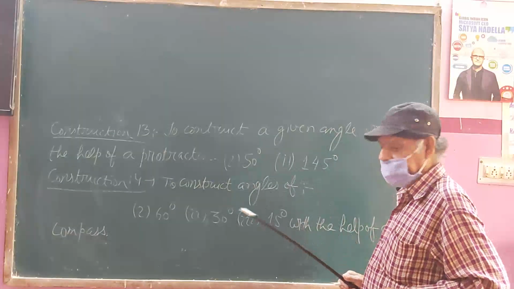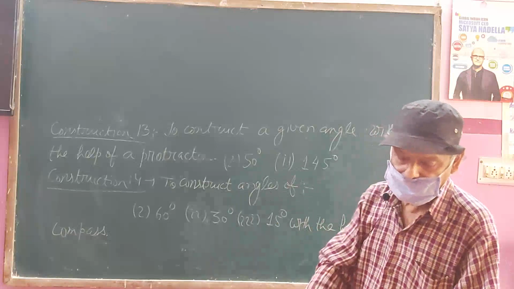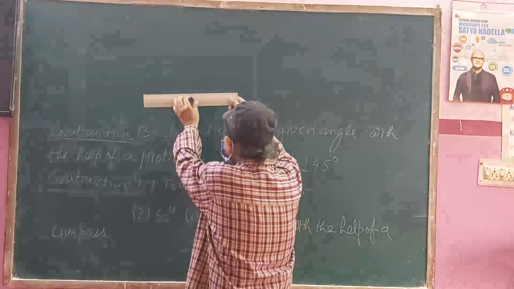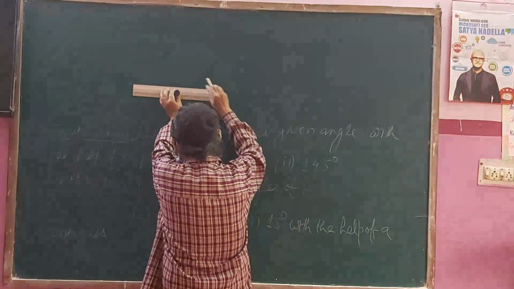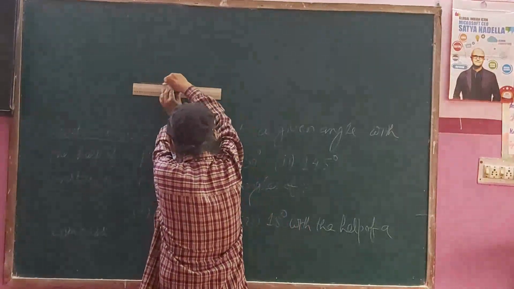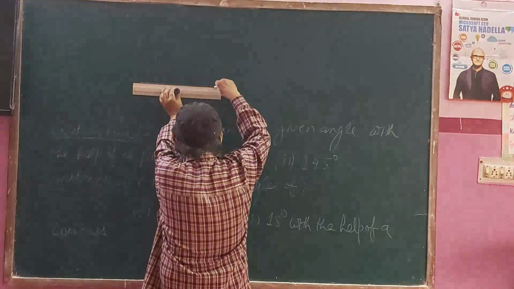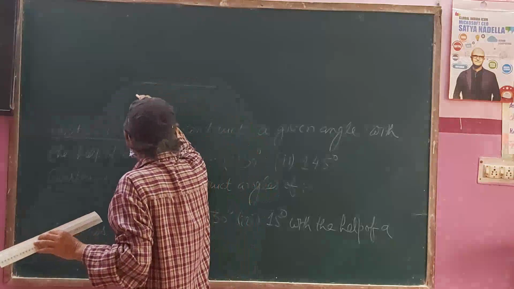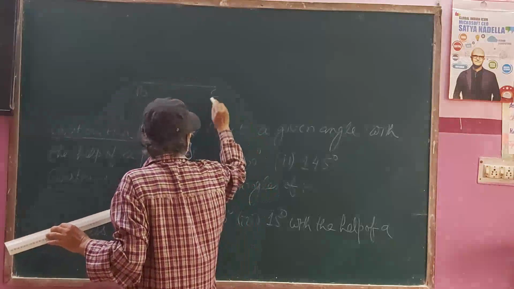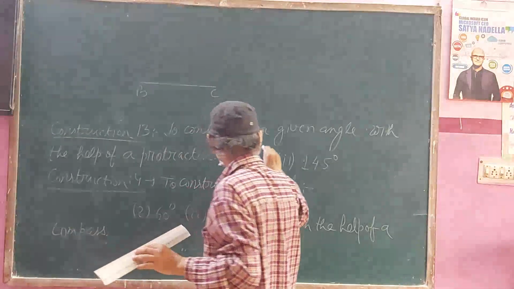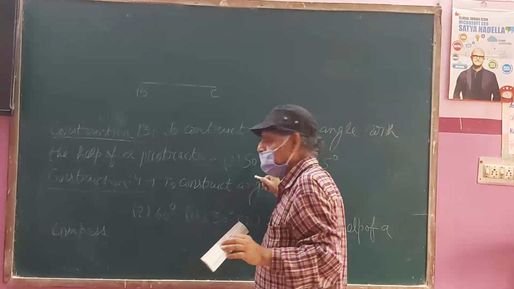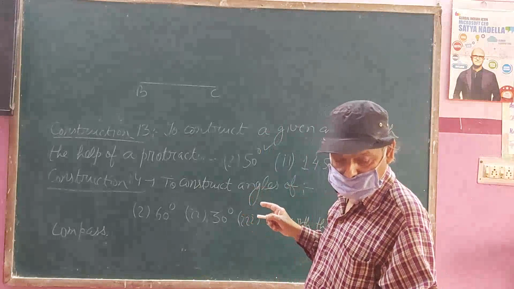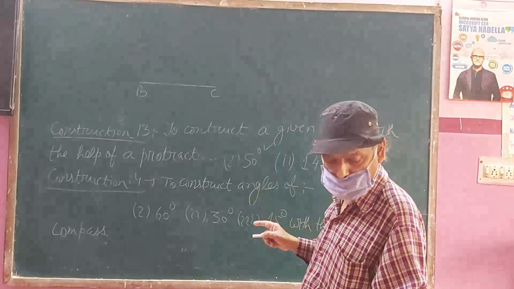So first take a line. You mark this line with the help of a ruler or scale, and you name it BC. Now this is an acute angle, so you have to consider whether it is acute or obtuse.